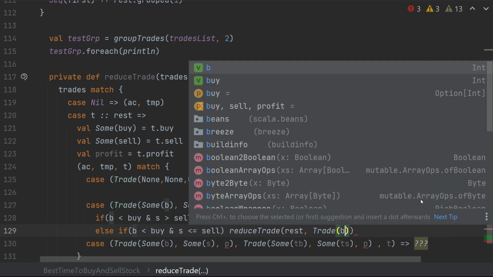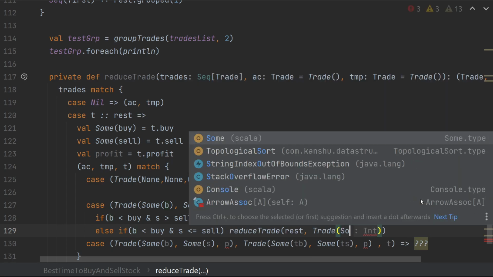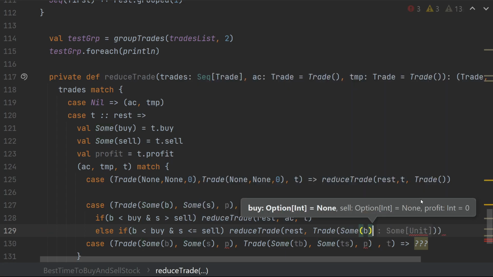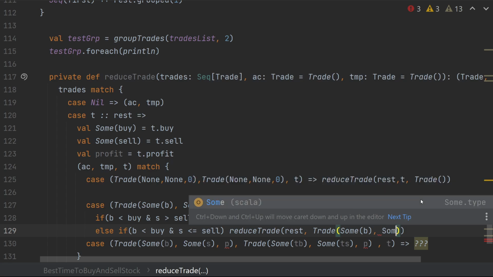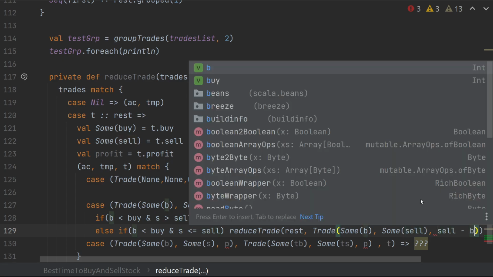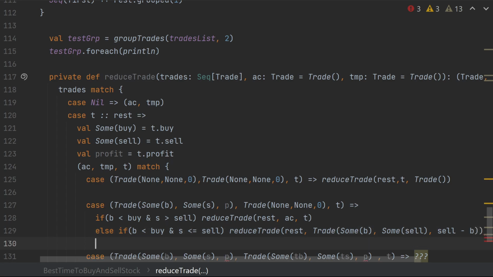The buy is going to remain the same, so it is going to be sum of buy, comma, then we are going to add sum of sell, and the new profit is going to be sell minus buy. All right, and whenever we do this reduce, we will not have anything in the buffer, as in we will clear all the buffers.